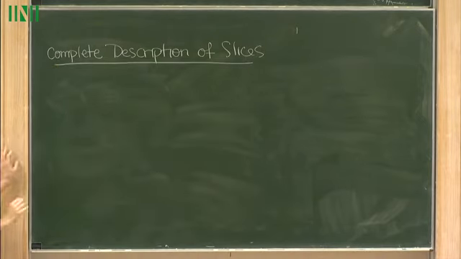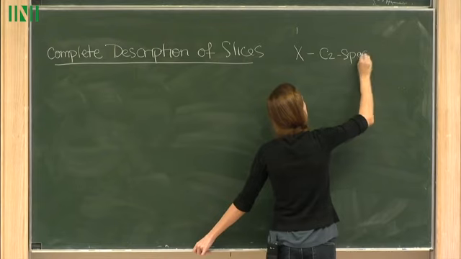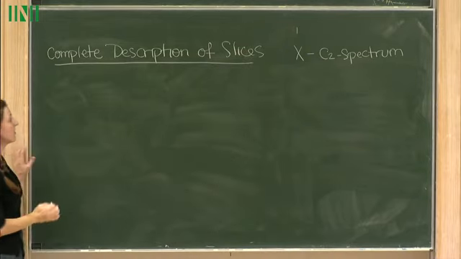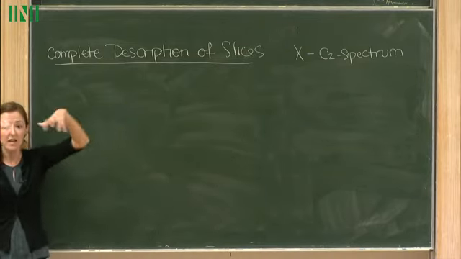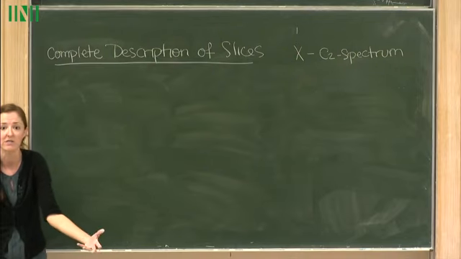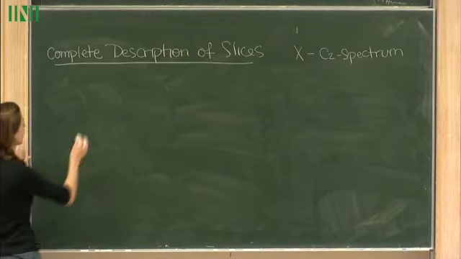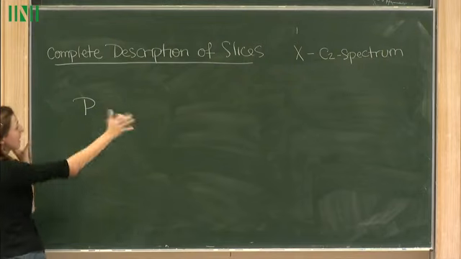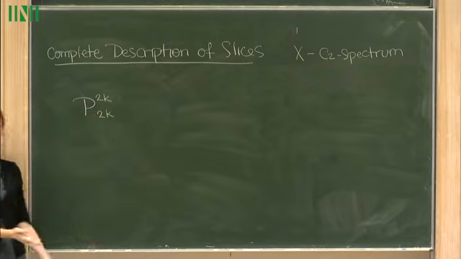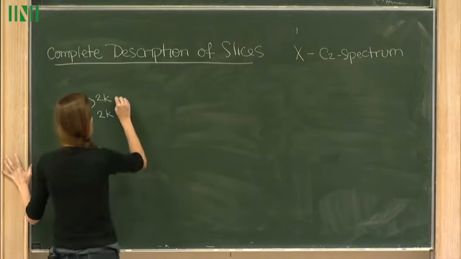If X is any C2 spectrum, then we can desuspend and pick up some nice information of the 0 and the 1 slices, and then resuspend to get the entire tower. So we have two flavors of slices. We'll have even slices, which come from the suspensions of 0 slices, and odd slices, which come from the suspensions of 1 slices.